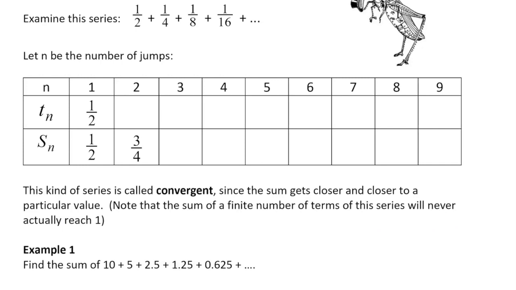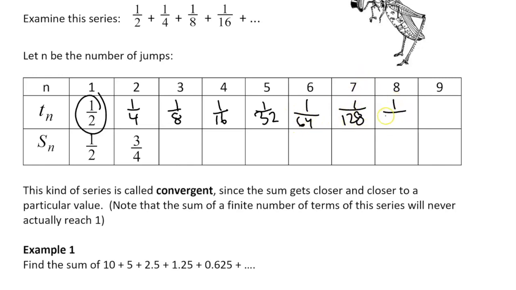In the case of the grasshopper, if he jumps half a meter the very first time, then the next time he's going to jump 1/4 of a meter, and then half of that, so 1/8, and then 1/16. And he's going to keep doing that for all of his jumps. He's going to halve them. So his jumps get very small until they're essentially zero, but he's still moving technically a tiny bit.